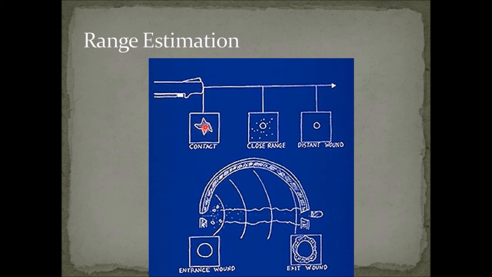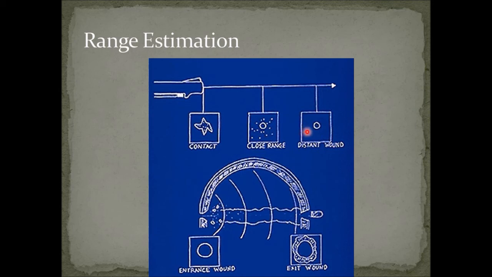marks around the wound. If it's at close range, usually within a foot of the muzzle of the gun, it will leave these little black powder marks around the damage. It won't have that tearing, but it will have these little burn marks all the way around. We call it peppering. And then there's the main defect.